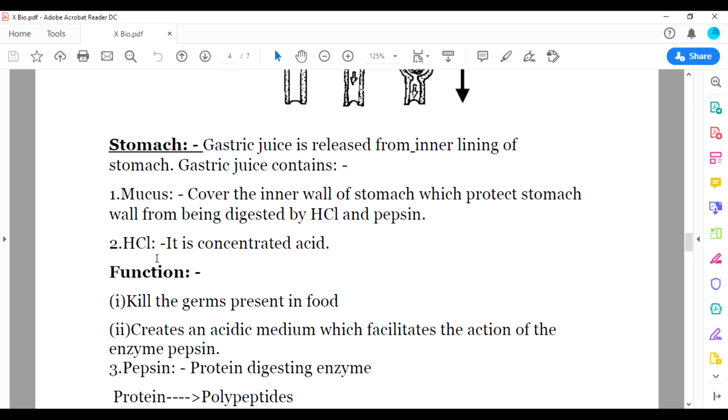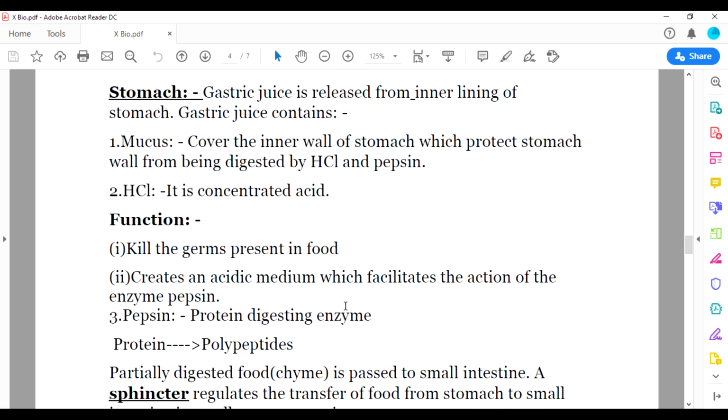Now the function of HCl. Being a concentrated acid, it kills germs present in food. And second function, it makes the medium acidic, and an acidic medium is required for activation of pepsinogen into pepsin.